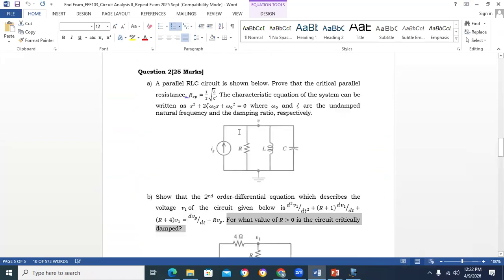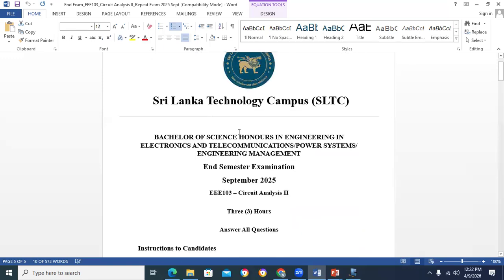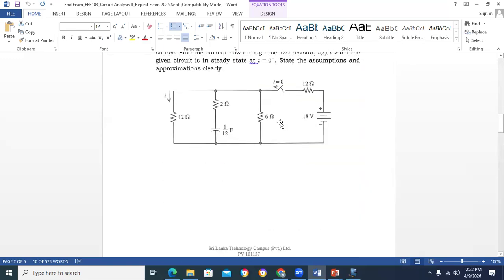Let's say that if you consider this one, you turn on the switch, so it is in steady state. At t equal to 0, this switch is turned on. Once it's turned on, can you find the current through the I? That means it is at the discharging.